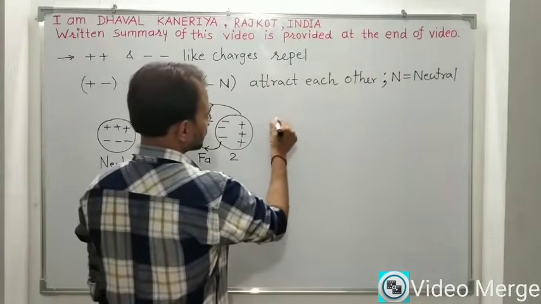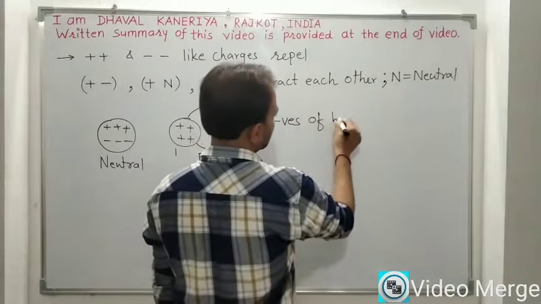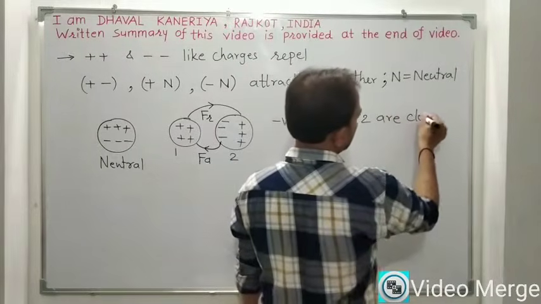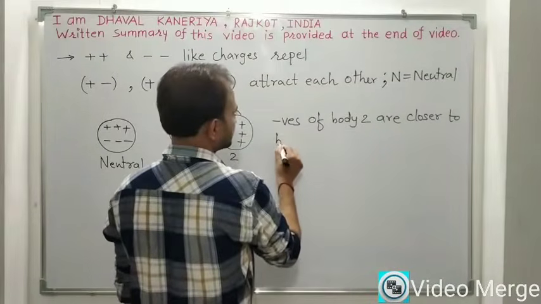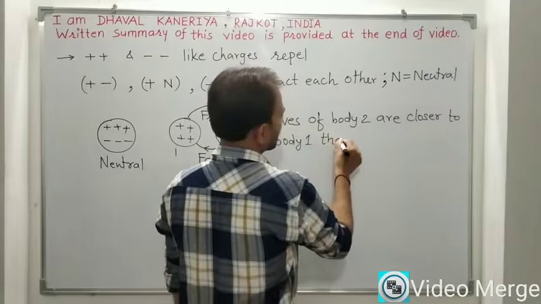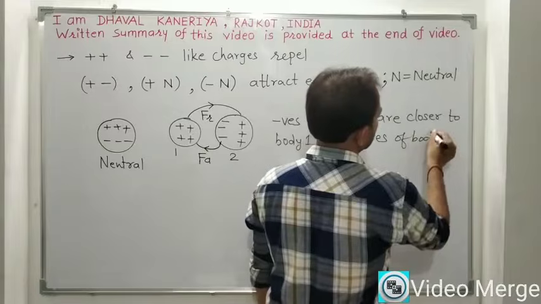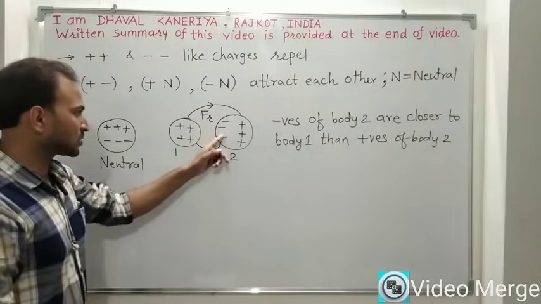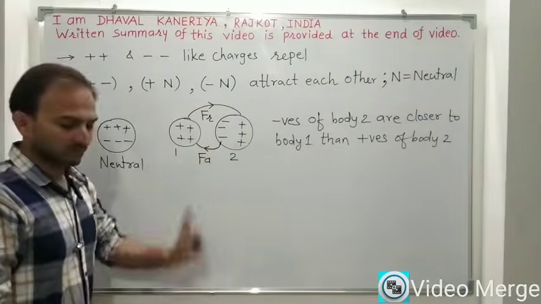So negatives of body 2 are closer to body 1 than positives of body 2. These are closer to body 1. These are away from body 1.